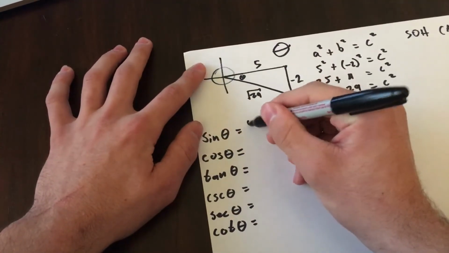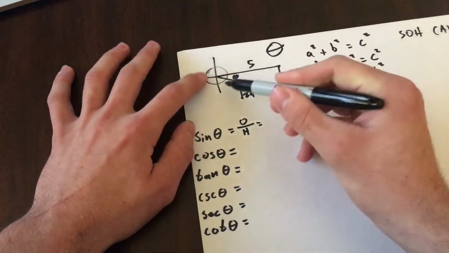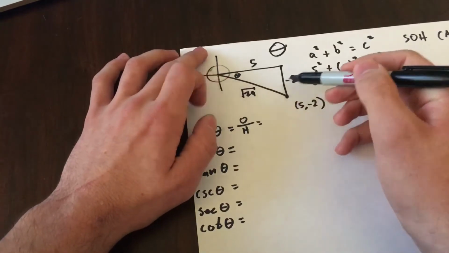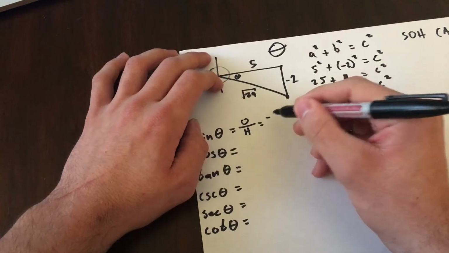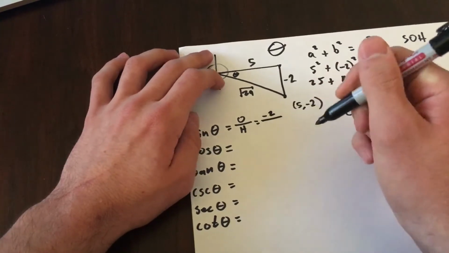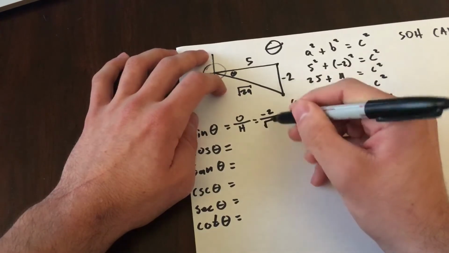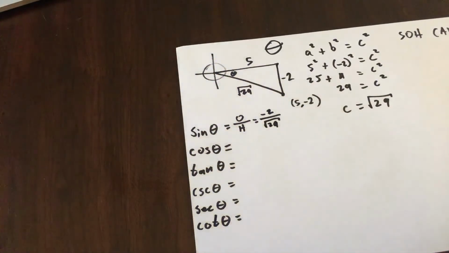So let's write that as O over H. So our opposite side of theta is -2. The hypotenuse of the triangle is the square root of 29. So that's just going to be the answer to that. I'm just going to leave it as improper because it doesn't really matter that much. You can switch it if you want, just multiply by square root of 29 over square root of 29.